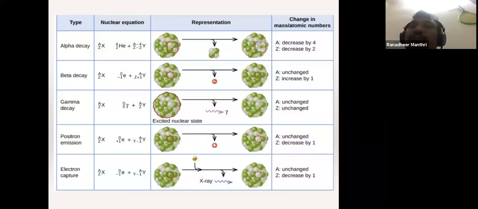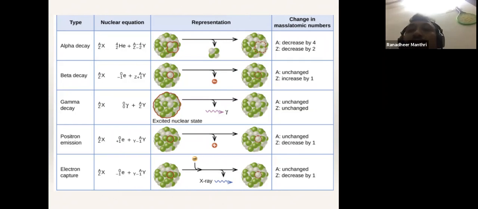And another one is positron. In proton-rich radionuclides, both positron emission and electron capture happen. The proton converts to a neutron and emits a positively charged particle. The positive charge electron is called a positron. The atomic number decreases by 1 because the proton is converted into a neutron, whereas the atomic mass doesn't change.